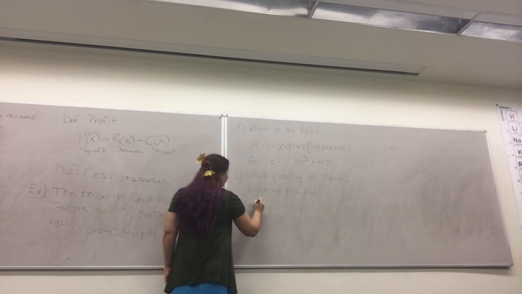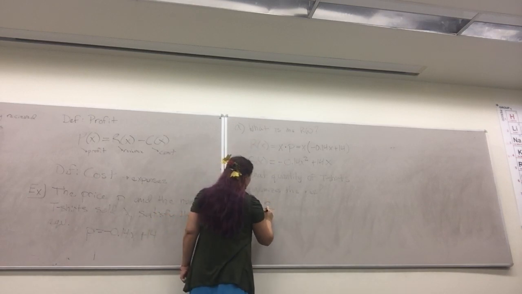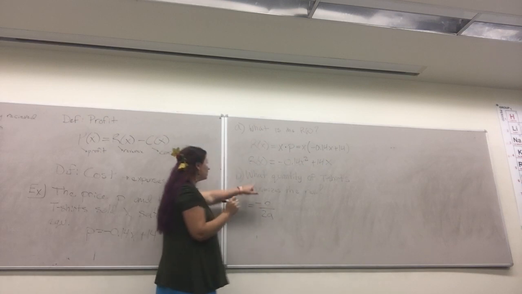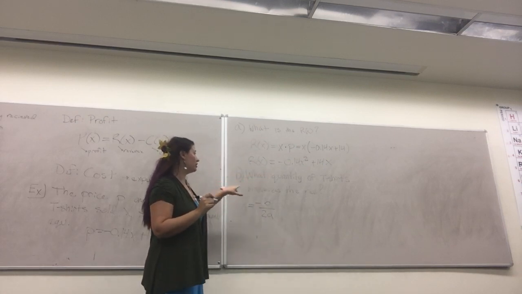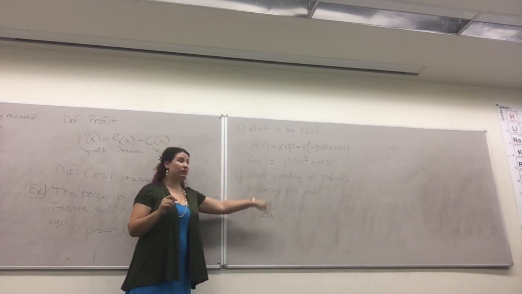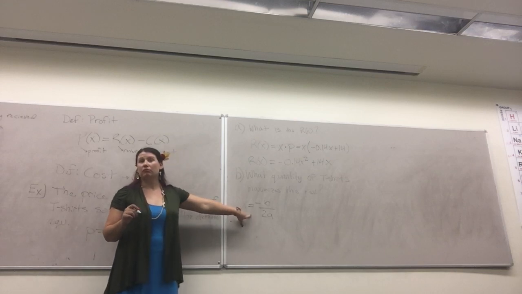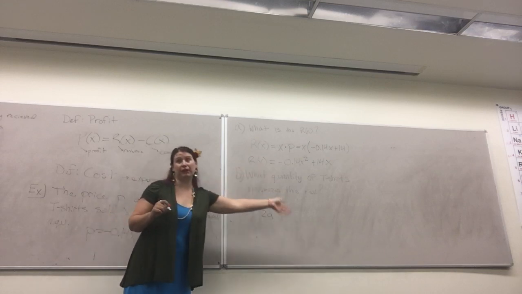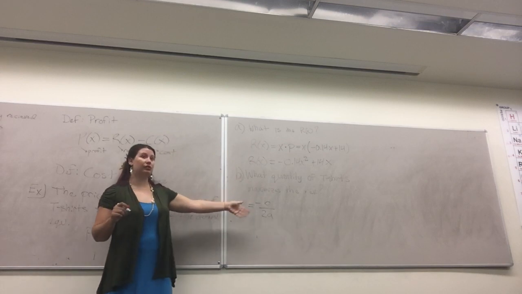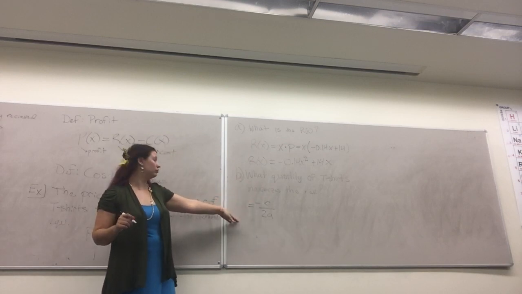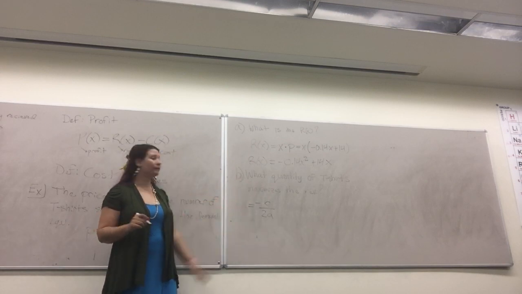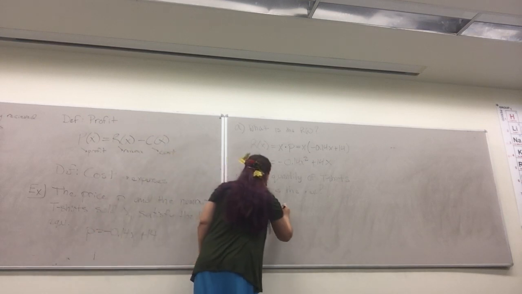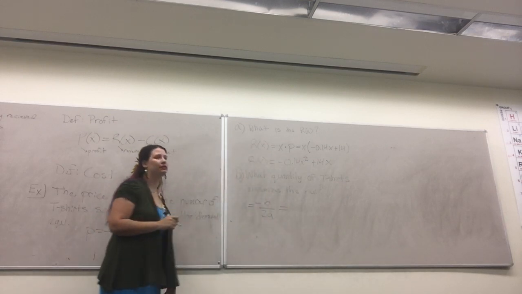X is equal to negative b over 2a. And what quantity of t-shirts maximizes revenue? This is the value that we want, right? Not what is the maximum revenue, just how many t-shirts do we have to sell to maximize the revenue, right? Okay, so what are these values?